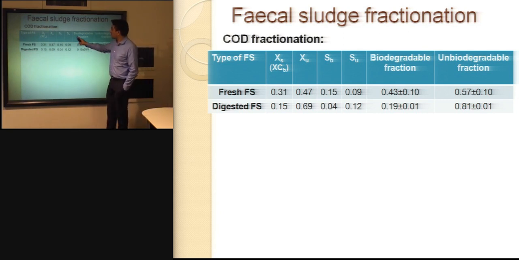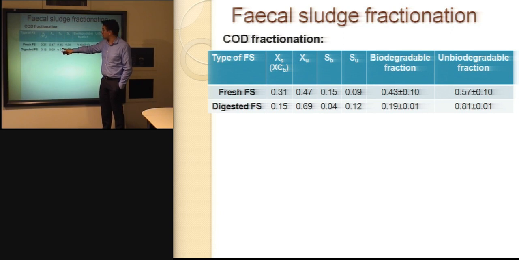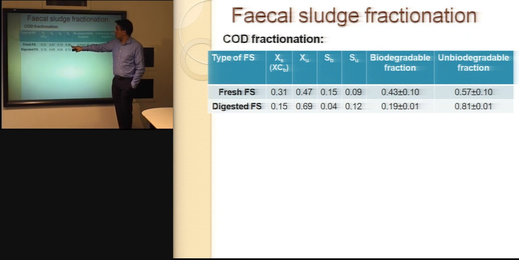If we look at the soluble fractions, either biodegradable or non-degradable, we can see that those comprise just a minimum part of all the organics present in the fecal sludge, about 0.15 for the case of fresh sludge and 0.04 for digested, while the soluble non-degradable are 0.09 and 0.12. What does it imply?